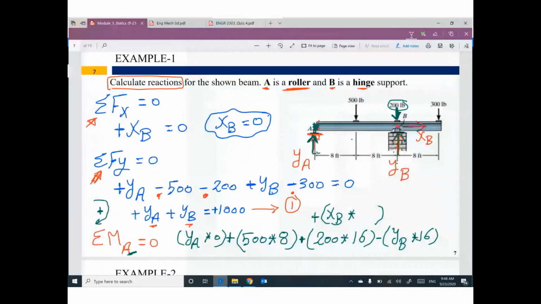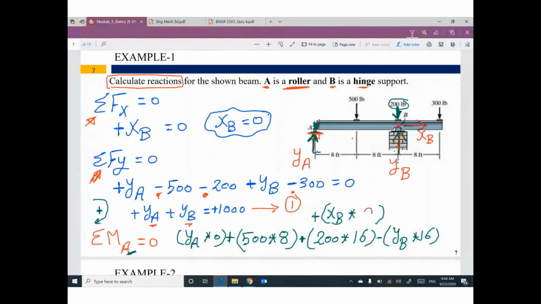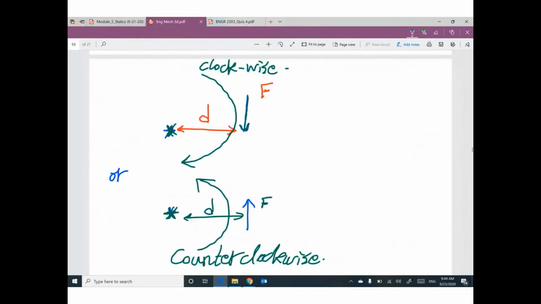This distance is 0. Guys, we have a point A, and here at point B we have a force called XB. I'm asking the distance between XB and the point A, and this distance is 0.